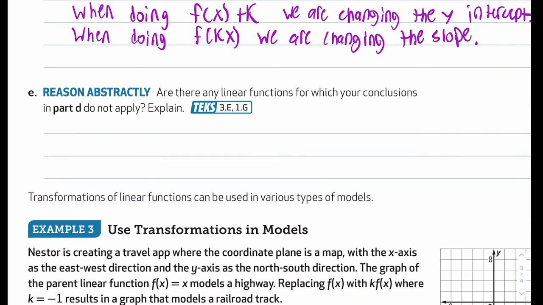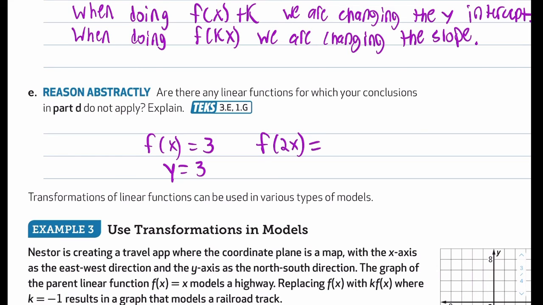Are there any linear functions where your conclusions in part D do not apply? Yeah, probably. For example, if f of x was equal to 3, that would mean that y is equal to 3. But in the parent function, if I went f of 2x equals, is that going to change it?